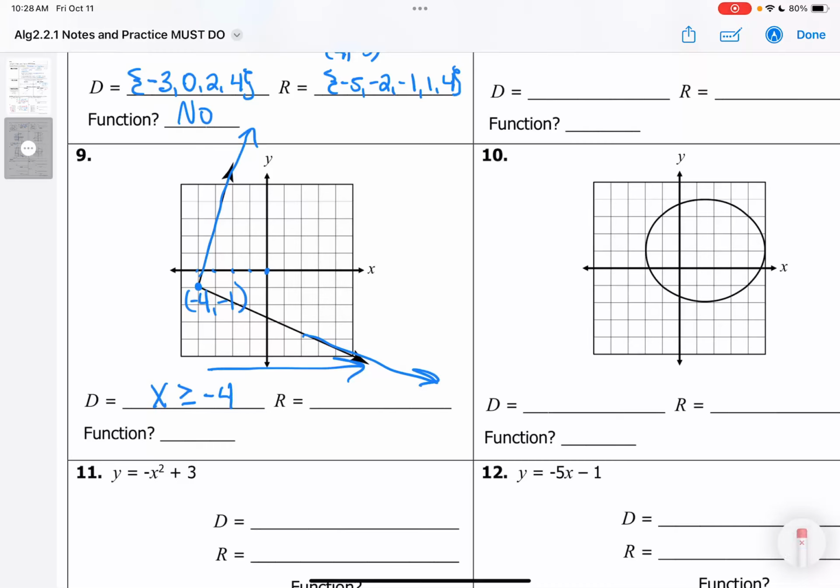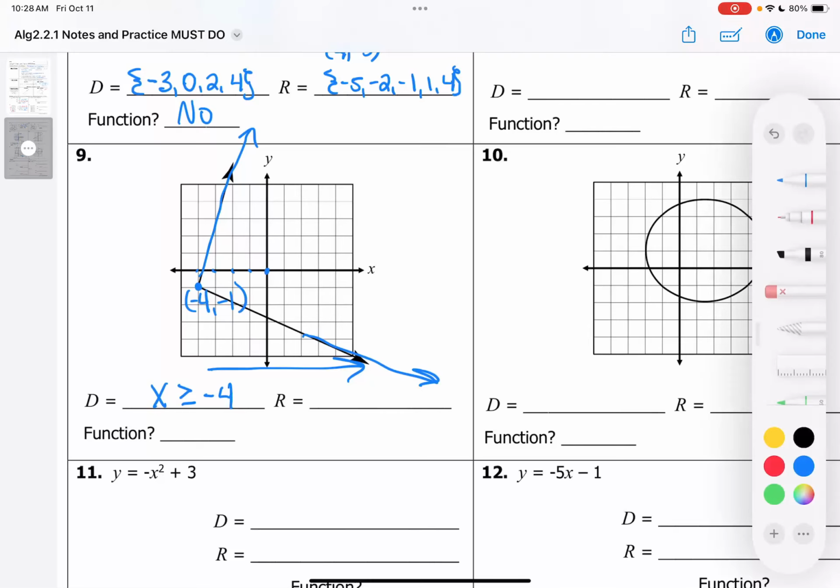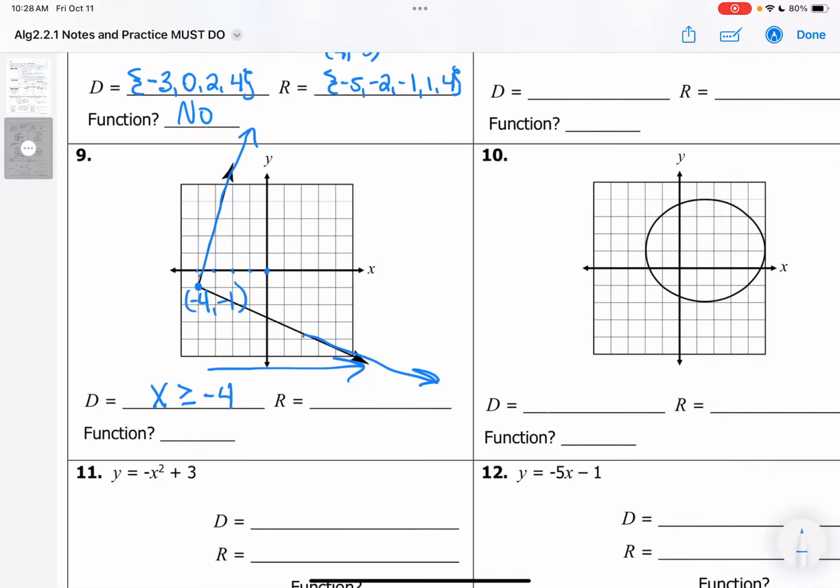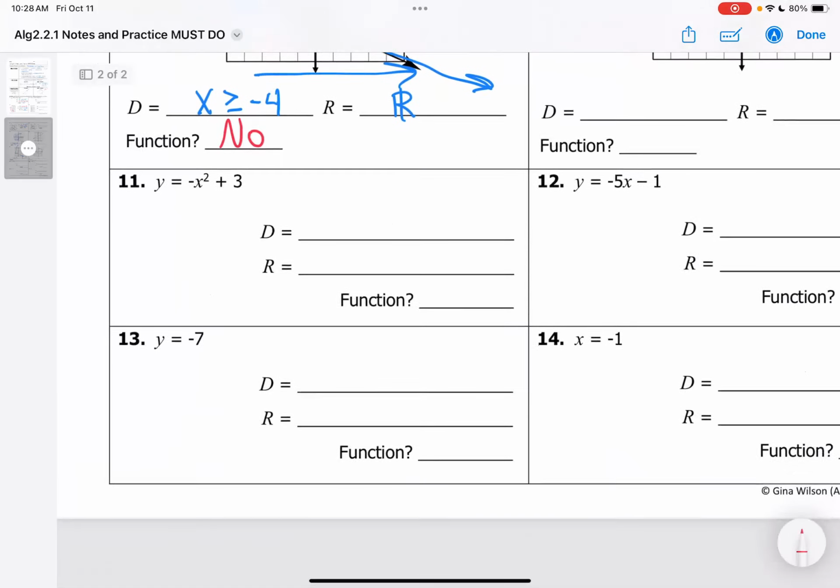So it can actually be all real numbers because it's going up high for y and down low for the other part, forever in the negative direction. So that's going to be all real numbers. And is it a function? If we do our vertical line test here, it goes through 2 spots. So no, it is not.